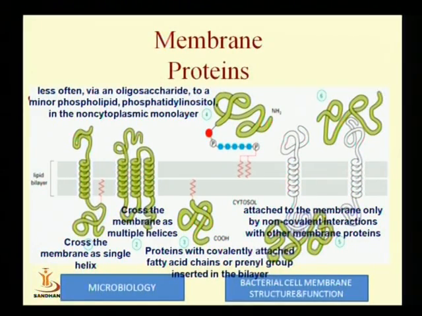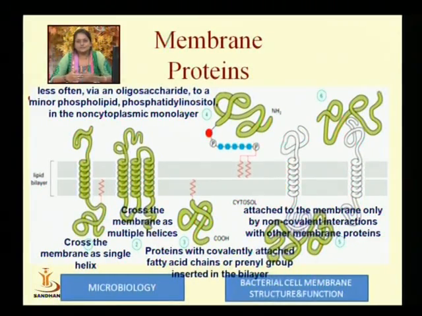Third type, proteins covalently attached with fatty acid chains or a prenyl group inserted in the bilayer. Fourth one, this type is less common, but they are attached via an oligosaccharide to a minor phospholipid, phosphatidylinositol, in the non-cytoplasmic monolayer. And fifth and sixth are attached to the membrane only by non-covalent interactions with other membrane proteins.